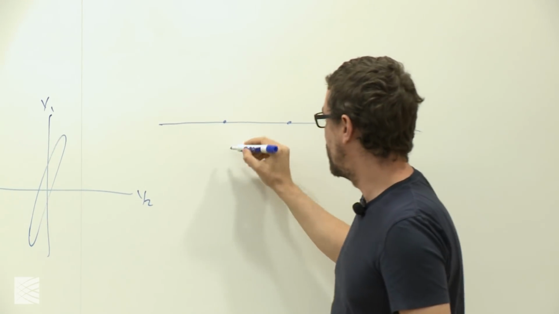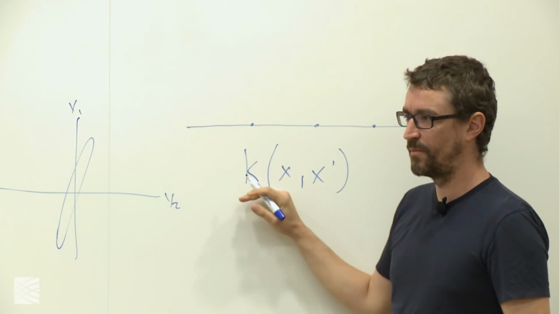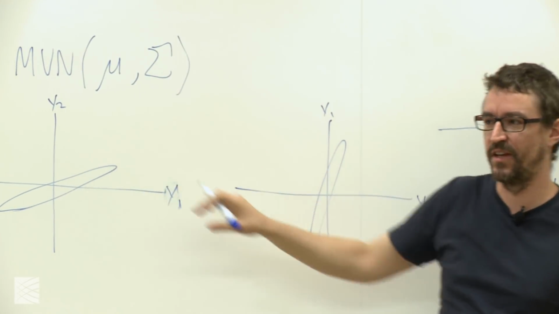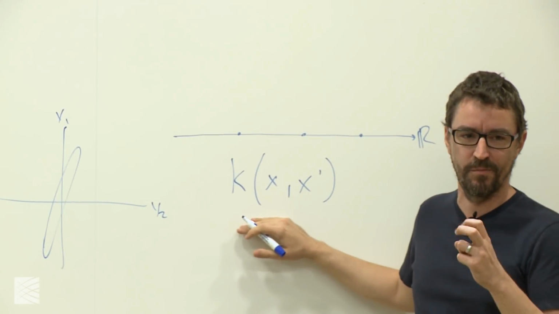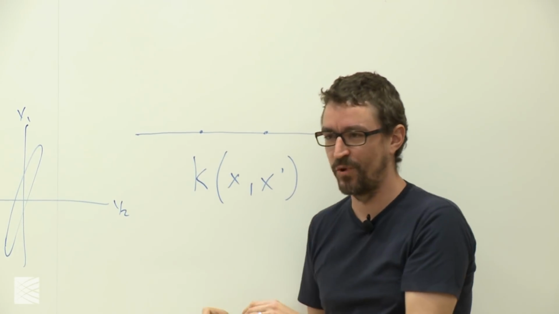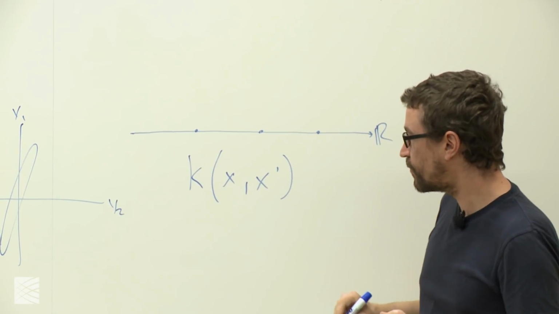That's manifested through a covariance function, which we usually write something like k of x, x prime. There are some conditions on this. Like a valid covariance matrix, this function has to be positive definite, which basically means that if you feed any finite set of points to it, it gives you a positive definite matrix.